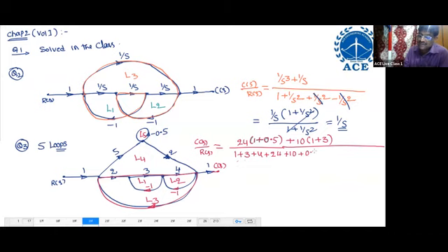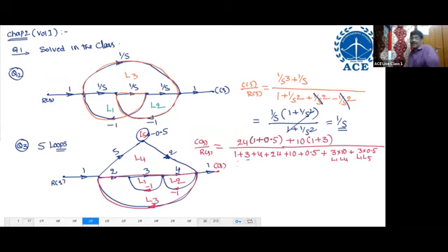Individual loops: opposite sign of L1, opposite sign of L2, opposite sign of L3, L4, L5. Plus 2 non-touching loops. L1, L2 touching, L1, L3 touching, but L1, L4 non-touching. L1 is 3, L4 is 10. Next, L1, L5 also non-touching. L1 is 3, L5 0.5.